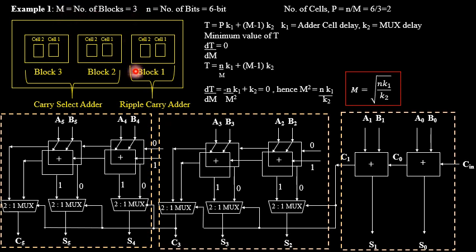So I have considered 3 blocks, that is block 1, block 2 and block 3. And from the computed value of p, we got the value as equal to 2, which is nothing but for each and every individual block there are 2 number of cells. So in each block there is cell 1 and cell 2. So 2 cells are present in each and every individual block.